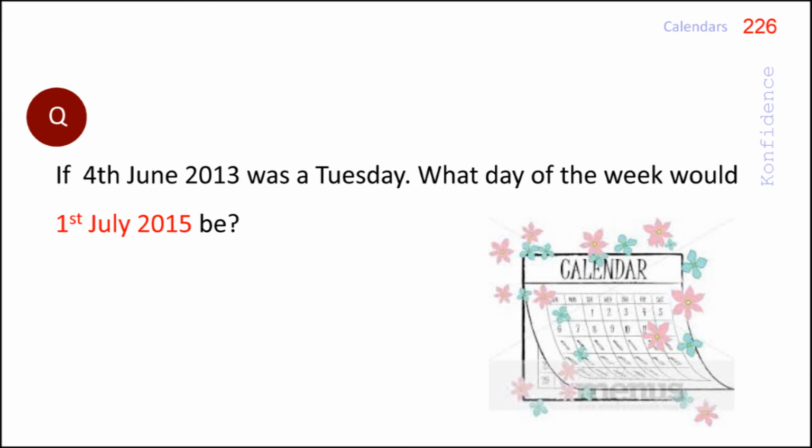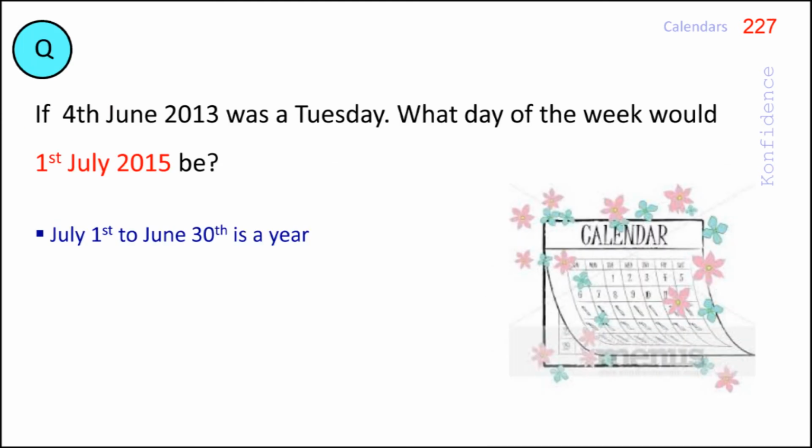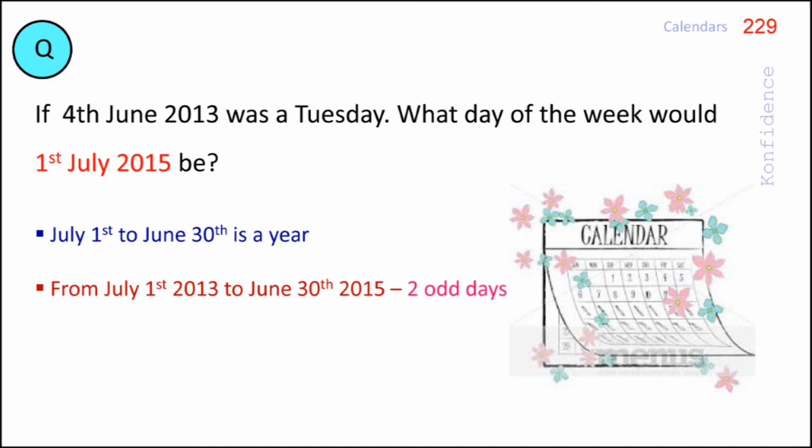Look at this. July 1st to June 30th is a year, is it not? Yes. Therefore, from July 1st, 2013 to June 30th, 2015, there will be 2 odd days. Why? Because 2014 and 2015 are both non-leap years. Therefore, there will be 2 odd days.